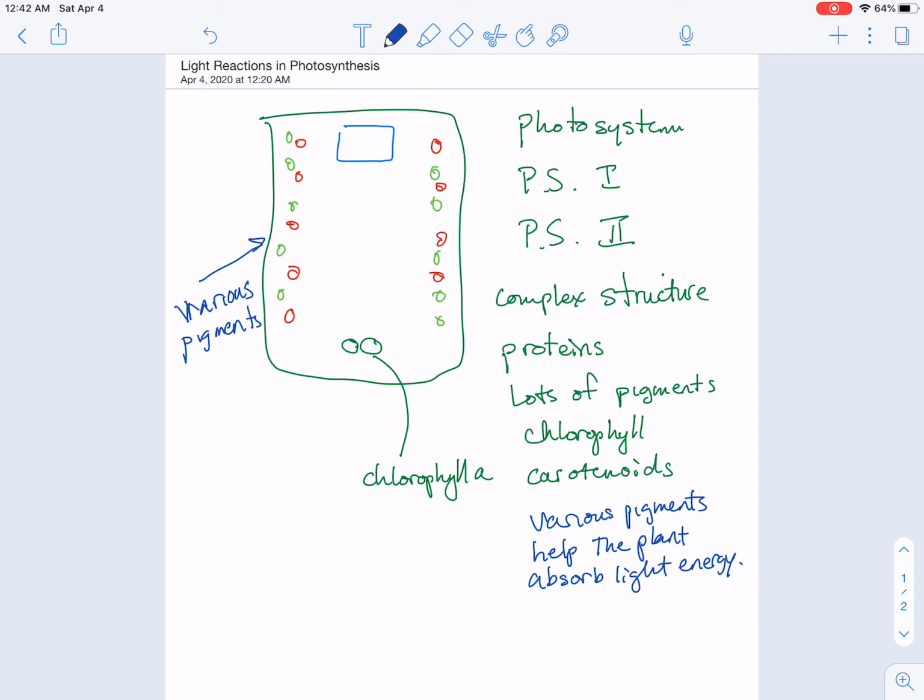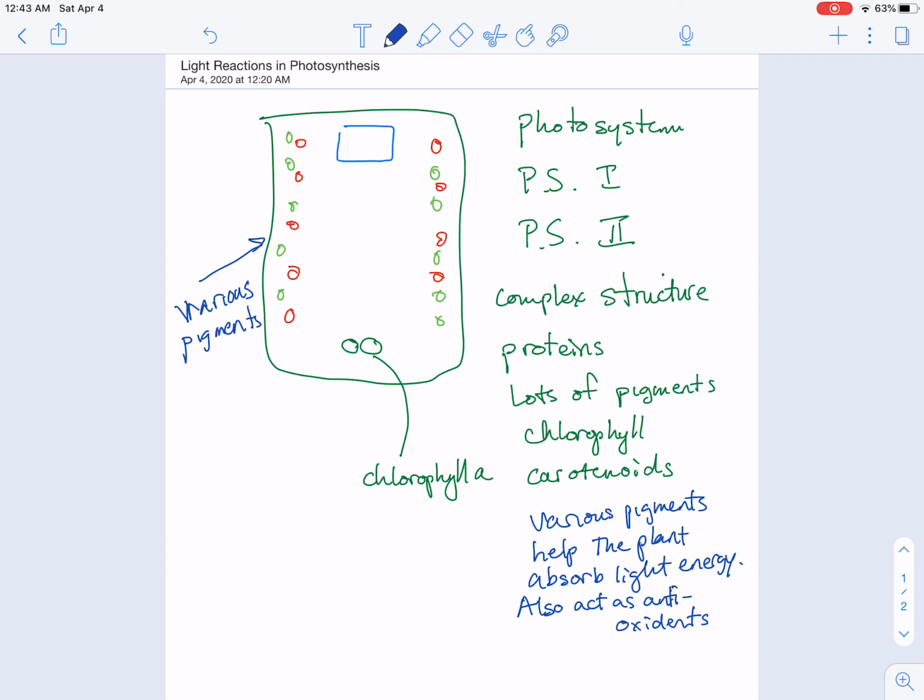They also act as antioxidants, and that is actually an important job for these pigments. Anytime you have light energy and oxygen involved near any sort of complex protein structure, you run the risk of free radical formation.